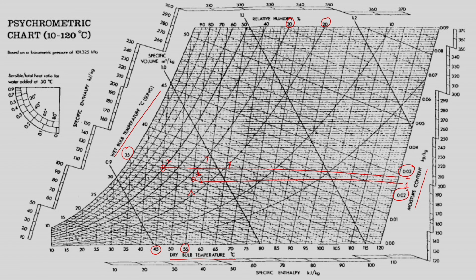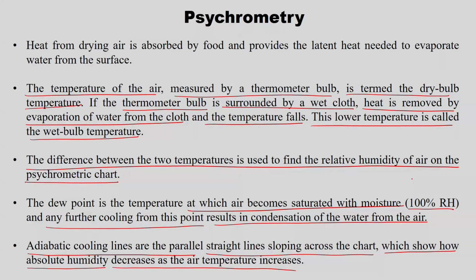So, I fixed my wet bulb temperature as 35 and I increased the temperature from 45 to 55, noting it down as point 2 and point 1. So, point 2 is lower temperature, which gives the higher moisture content, and 55 is the higher temperature, which gives me lower moisture content. So, when you increase the temperature, your moisture content is decreasing. That is what it is told here.